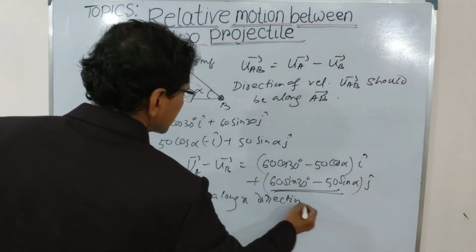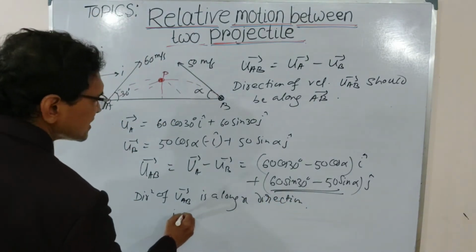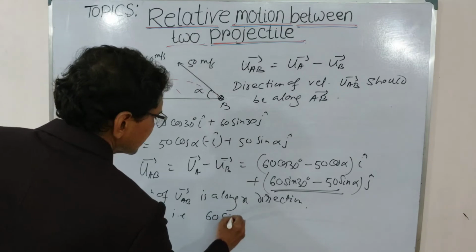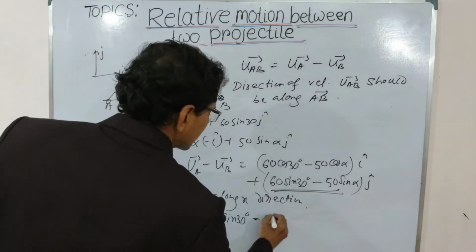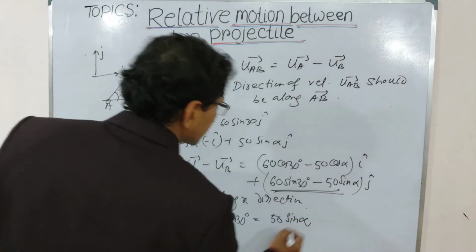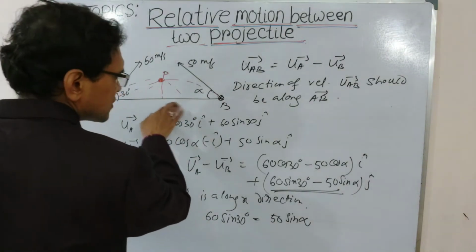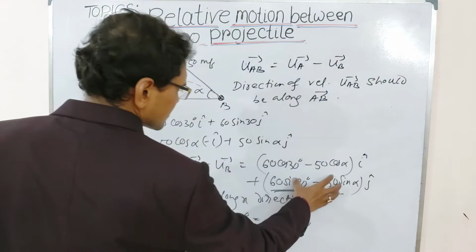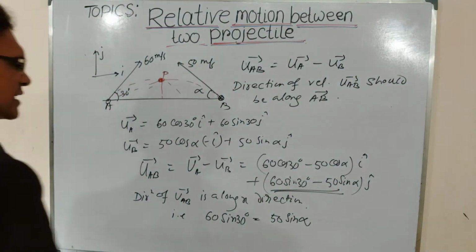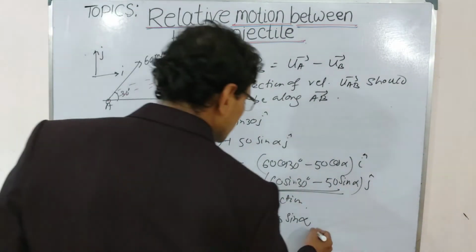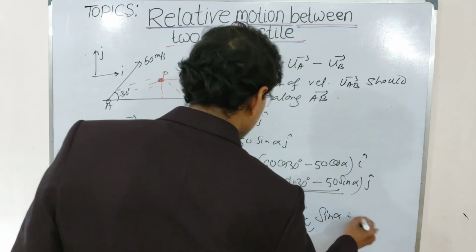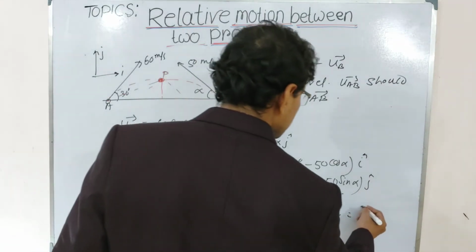This equals this. So for this we get sin alpha equal to 30/50, that is 3/5.